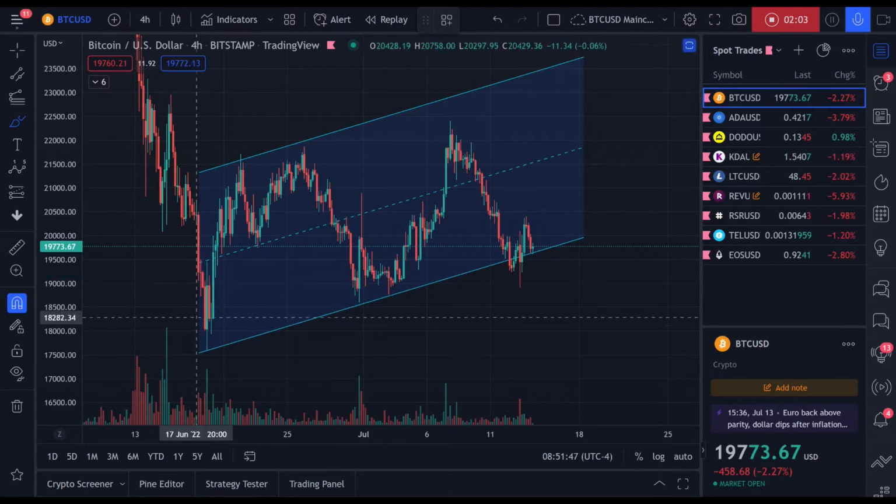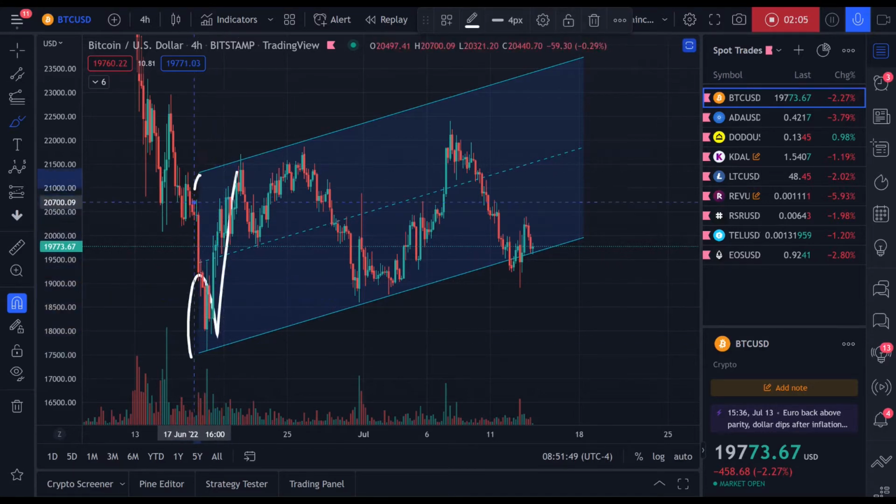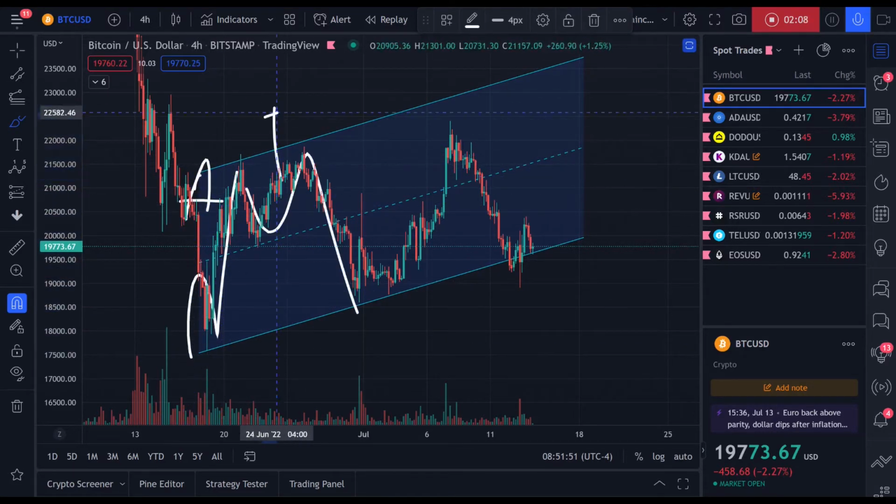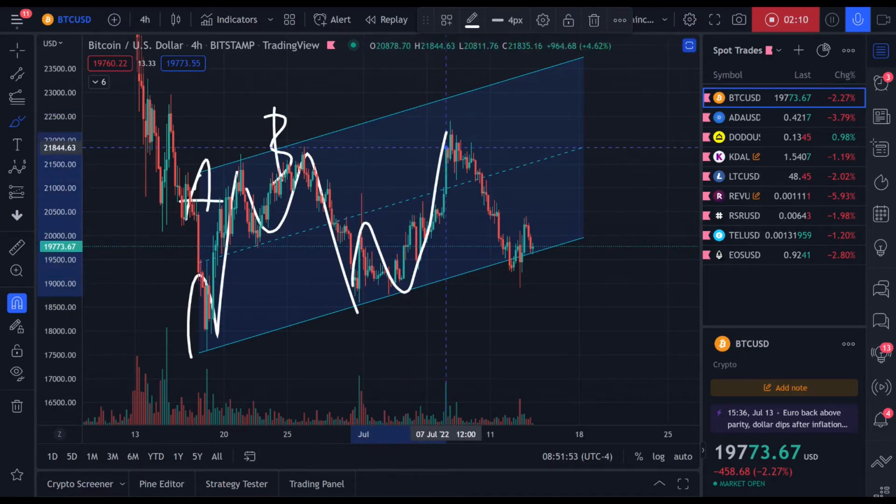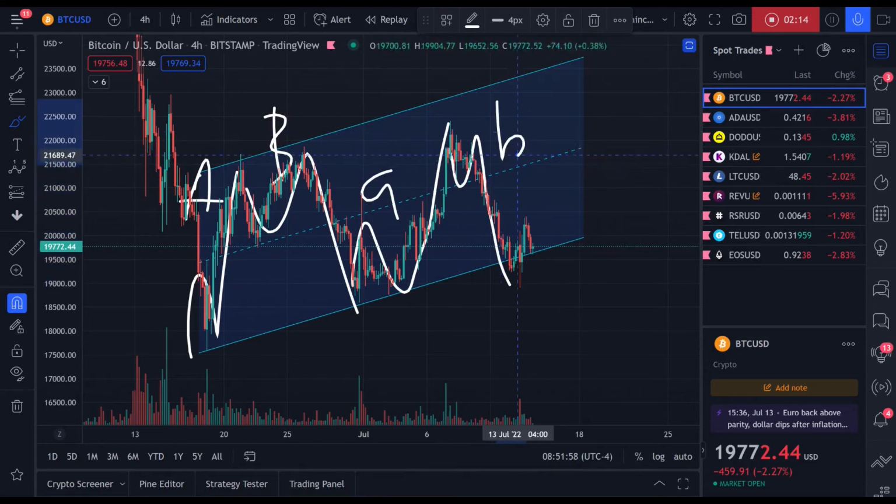So 2 degrees, and these are the 2 degrees I count. This is big A, this is big B, this is clearly another A wave, that's small a, this is small b, and actually you could add a 3rd degree here on the smaller time frame because I think that you get a smaller degree here and right there.